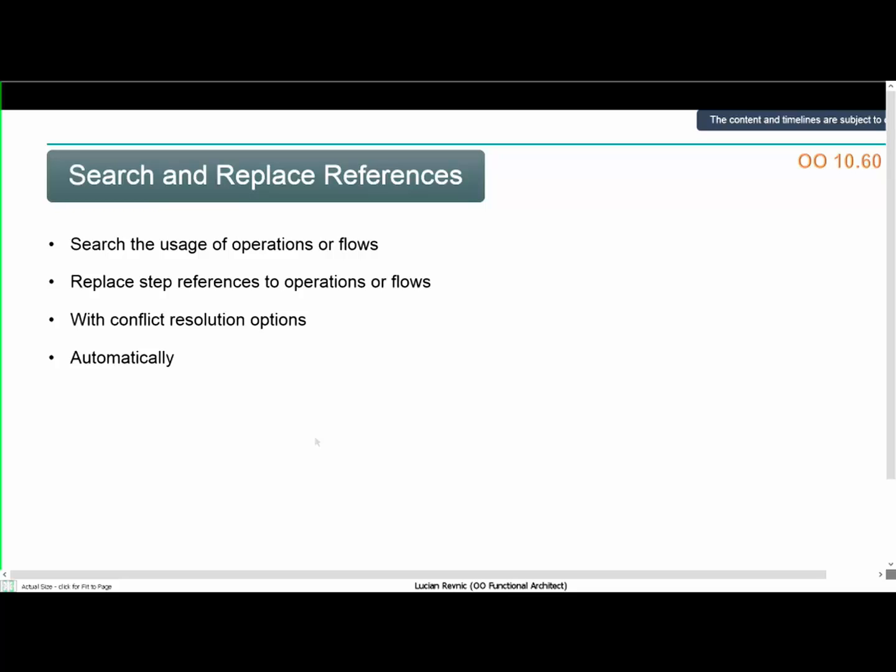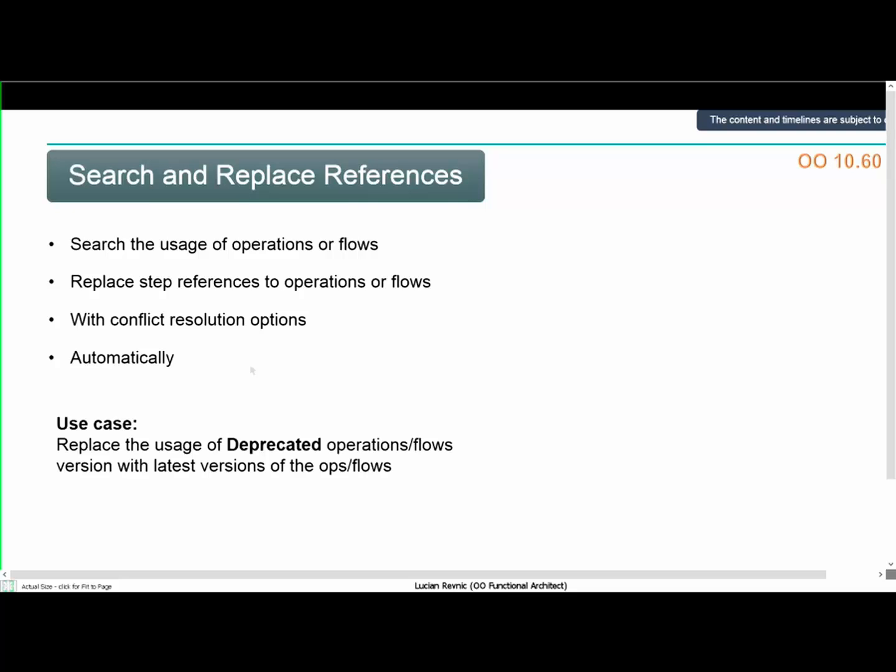Maybe you want to do a mass replace, or you want a tool that does this replace automatically for you, without the need for looking for what's using this and going one by one and doing the replace. So this is search and replace references.